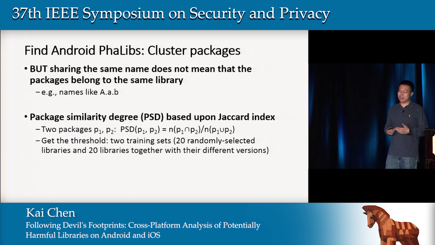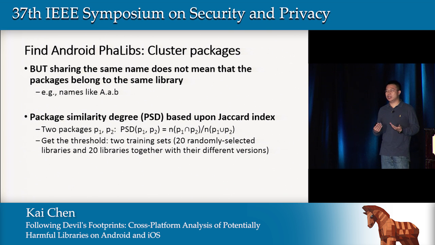For example, names like A.A.B are obfuscated versions. So our idea is to cluster them and use a package similarity degree, PSD, based on the Jaccard index. It's a ratio of the number of shared methods between these two packages to the total methods of these two packages.